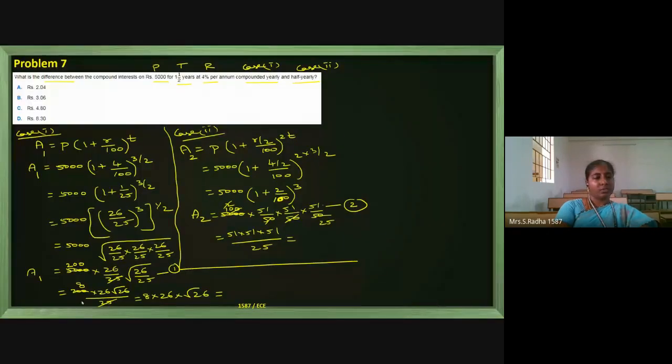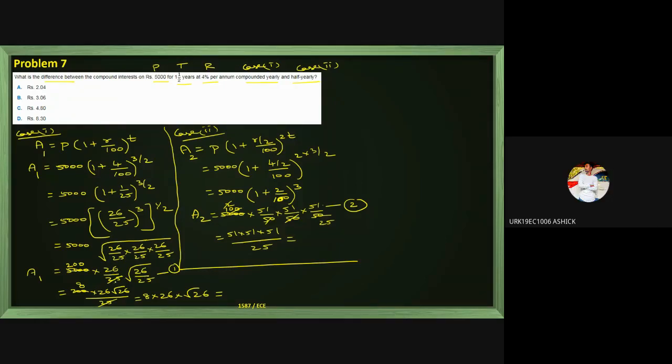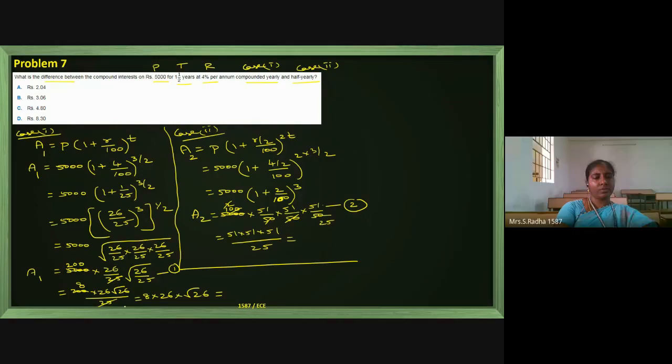Here again I have done some calculation mistake. I missed out something here, but it will still go to a lesser value.